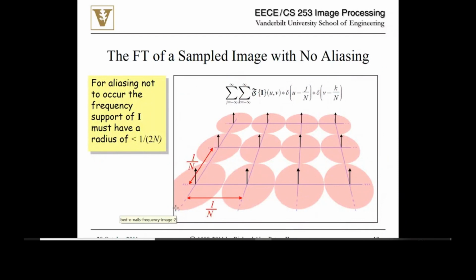So if the support of the original image in Fourier space has a maximum radius, and this has to happen in all directions, that is why we are talking of radius. If we have a radius of 1 divided by 2n, then you are guaranteed that when you expand it, you don't have any aliasing.